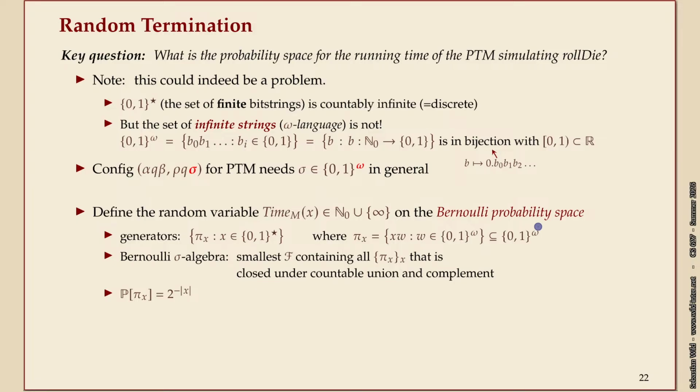As with the Borel sigma algebra for real numbers, where open intervals are the minimal elements, here you have what are sometimes called cylinder sets, but I guess it's just a prefix. The Π_x are all the infinite 0,1 strings that start with a certain prefix x.